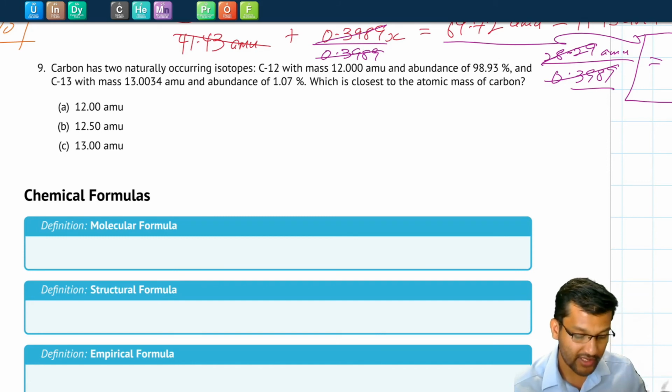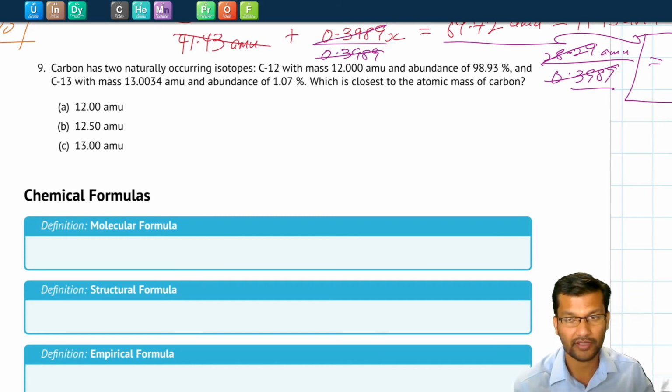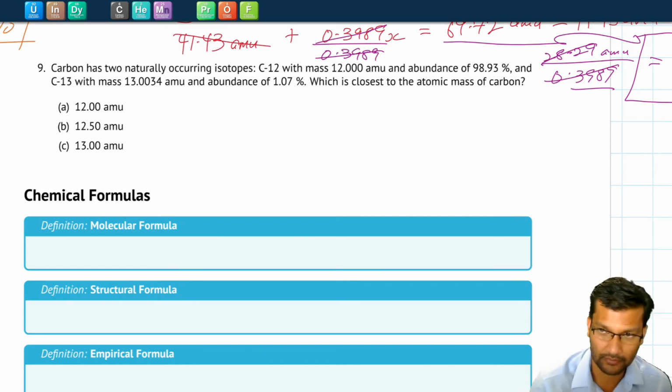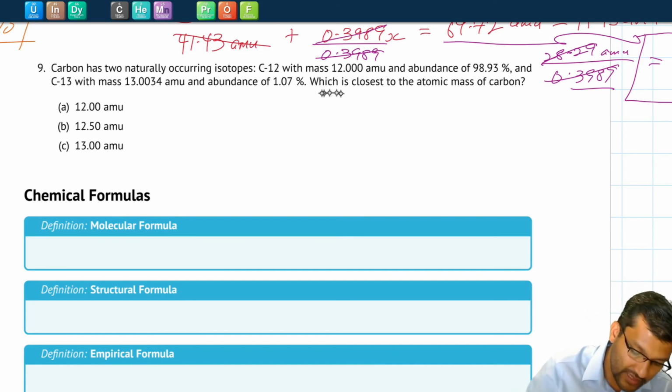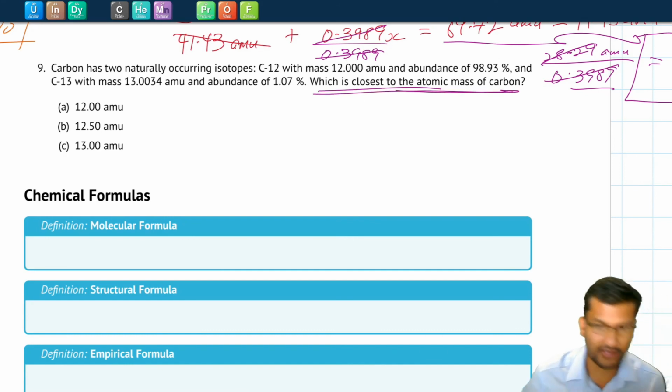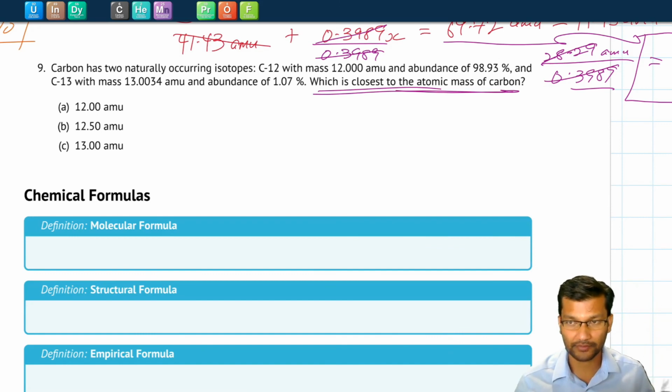Carbon has two naturally occurring isotopes: carbon-12, with a mass of exactly 12.00 atomic mass units and an abundance of about 98.93%, and carbon-13, with a mass close to 13 atomic mass units and an abundance of only 1%. Which of these is the closest, do you think, to the atomic mass of carbon without doing any calculations?